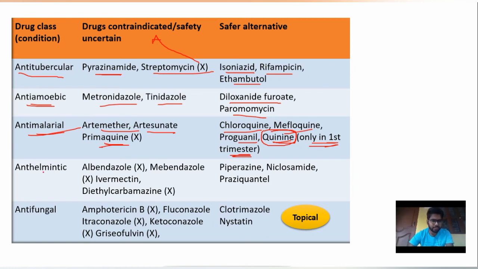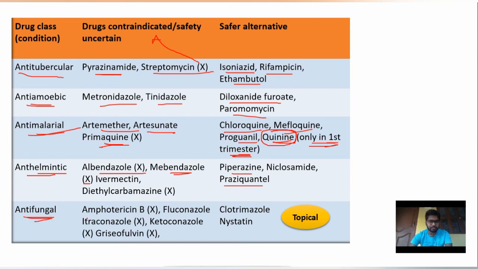Then coming to the next class, anthelmintics: the contraindicated drugs are albendazole and mebendazole, and the safer alternatives are piperazine and praziquantel.